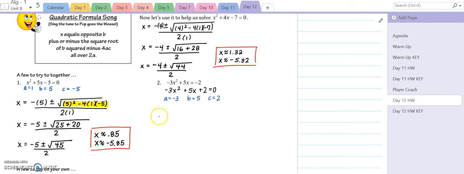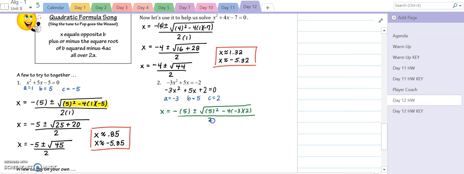So here we go. X equals the opposite of b plus or minus the square root of b squared minus 4ac all over 2a.